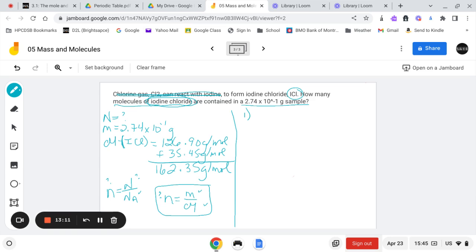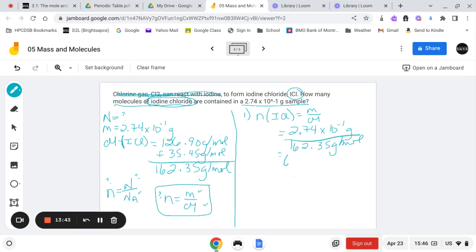Number one, we're going to figure out the moles of ICl, and we're going to take mass divided by our molar mass. So 2.74 times 10 to the negative 1 grams divided by 162.35 grams per mole. 2.74 EXP negative 1 divided by 162.35.